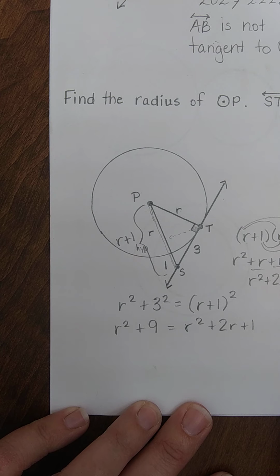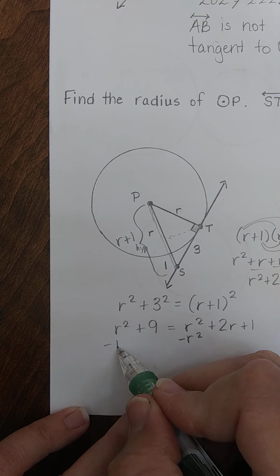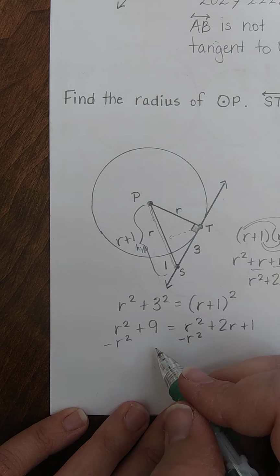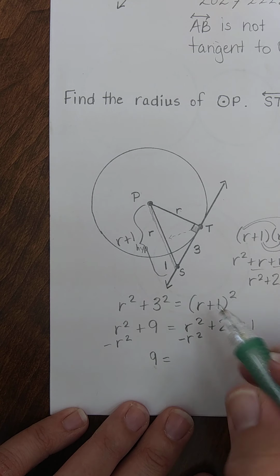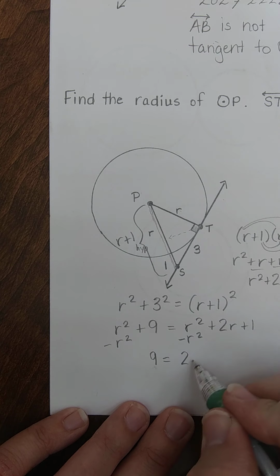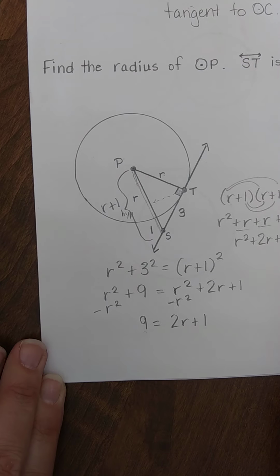Now we'll need to collect like terms. I see my highest power is an R², so I'm going to take that one and do its opposite. I like things to be on the left-hand side whenever possible. But R² minus R² cancels out, so I have 9 equals, and R² minus R² cancels out, so I just have 2R plus 1. Now, those R²s nicely canceled out.